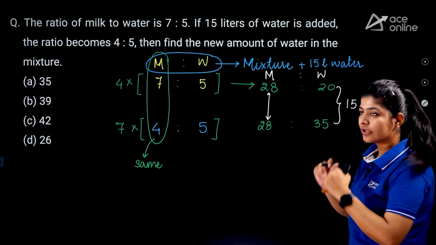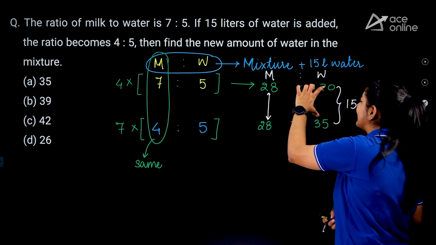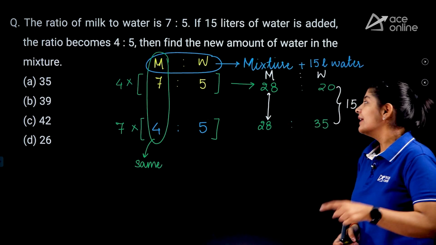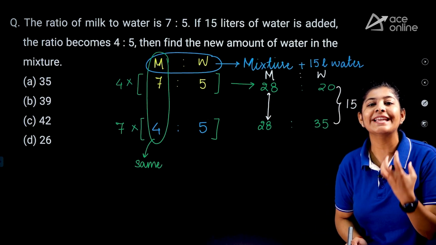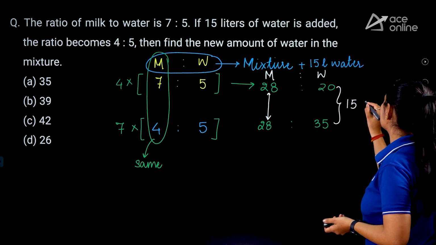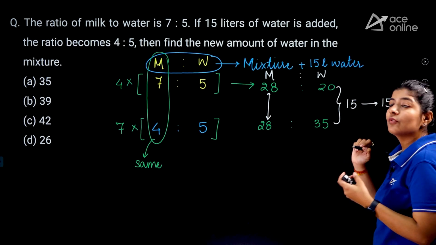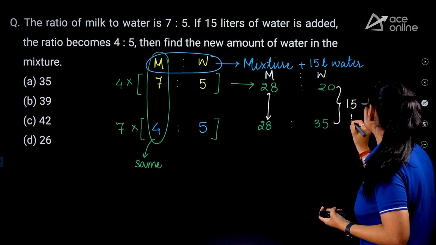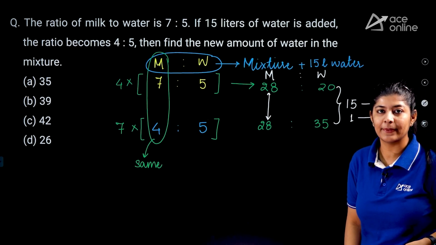Why? Because we added 15 liters of water to the mixture. So the value of this 15 according to the question is 15 only, so this is present on the multiple of 1.